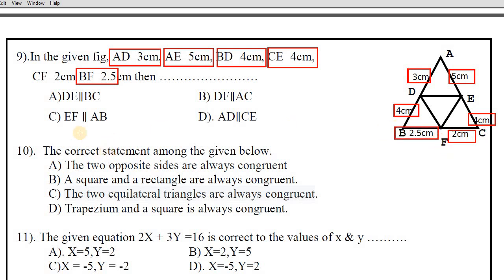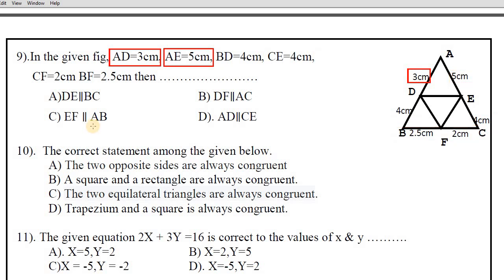Now what we want to identify is which are the parallel sides. So how do you do it, children? For that, you concentrate on these things. See here, this is 4 centimeter and this is 2 centimeter, isn't it? And here it is 5 centimeter and here it is 2.5 centimeter. So how can you write the ratio? CE by EA is equal to CF by FB.